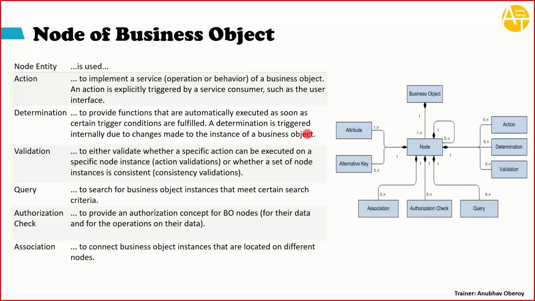Whenever I create an insurance policy, please auto calculate the premium. If you are building an insurance application, you enter the policy holder details, the age of the policy holder, the type of the plan, the tenure of the plan, and you save, and you put the sum insured. Let's say after maturity the policy holder will get 95 lakhs. So what is the premium every month the policy holder has to pay, for how many months? That is a determination, because the system has to calculate it automatically.